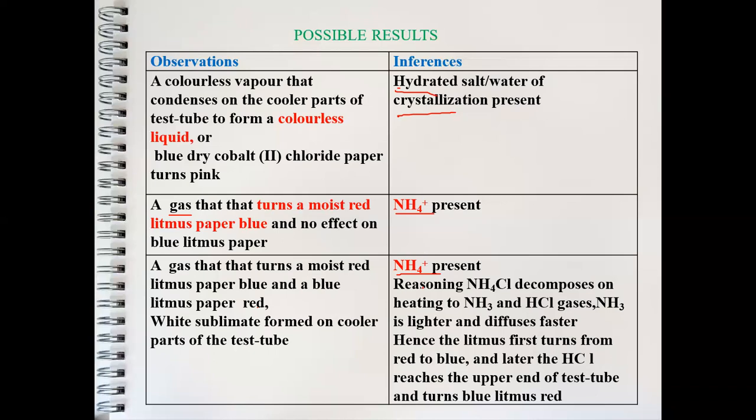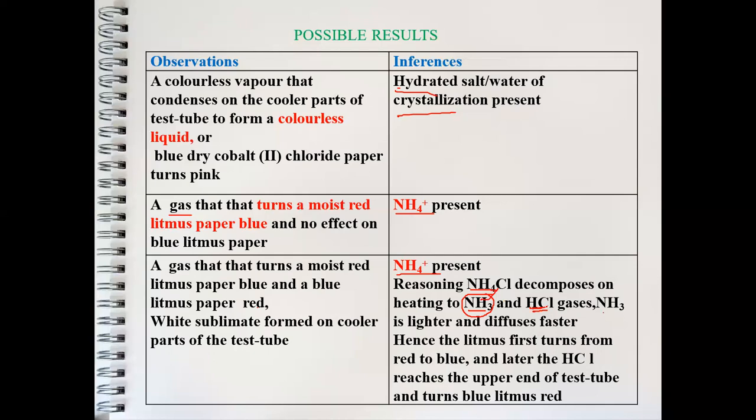So that is the reasoning. Ammonium chloride decomposes on heating to give ammonia and hydrogen chloride gas. Realize that a white ring will be formed, because ammonia diffuses faster than hydrogen chloride gas, since it is less dense.